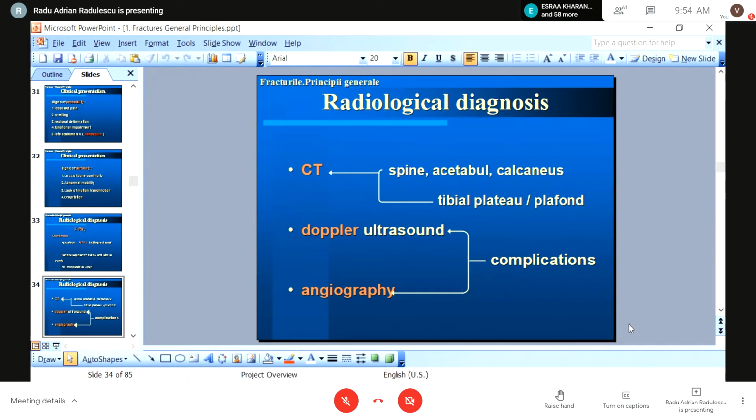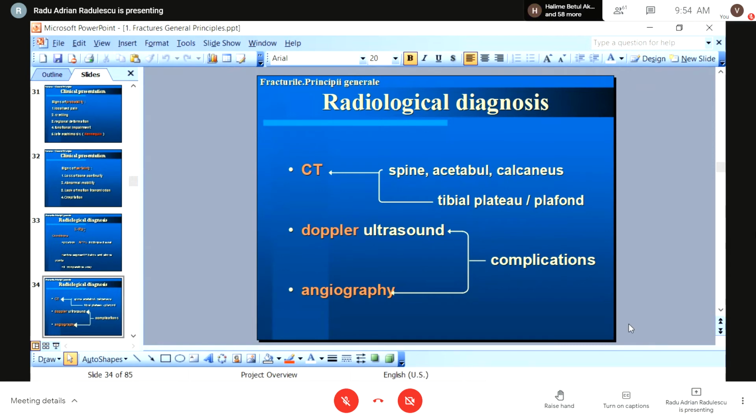examinations are necessary for some of the fractures, especially when it's a comminuted fracture, when it is an articular fracture, which will go to surgery and where we need to restore the anatomical shape of the articular surface.